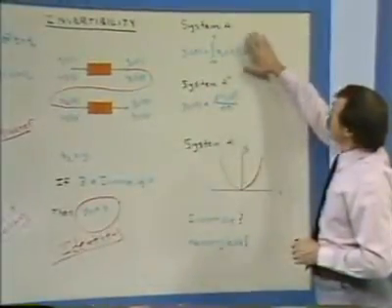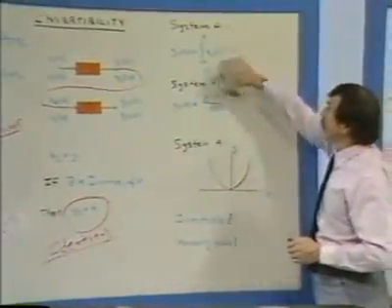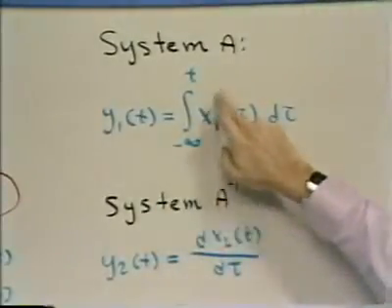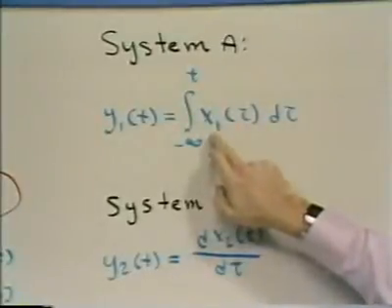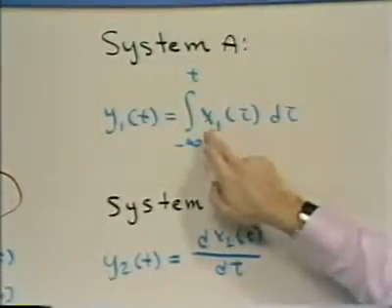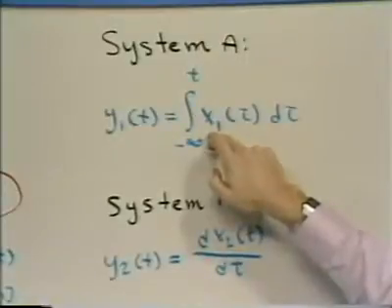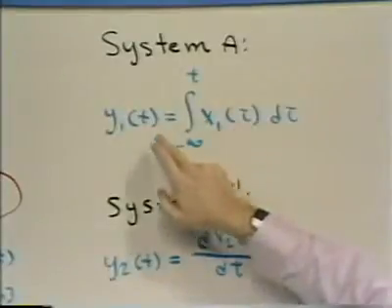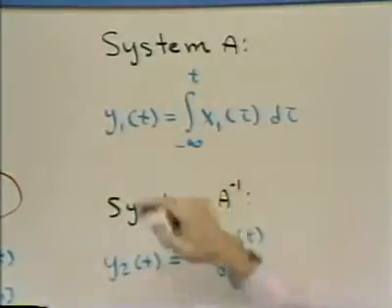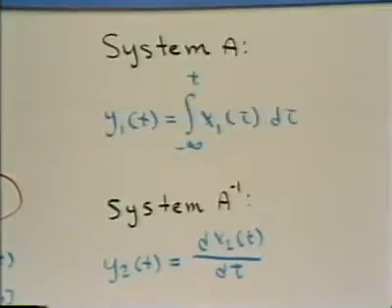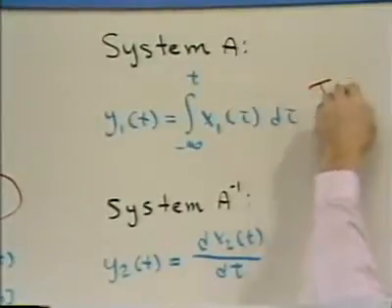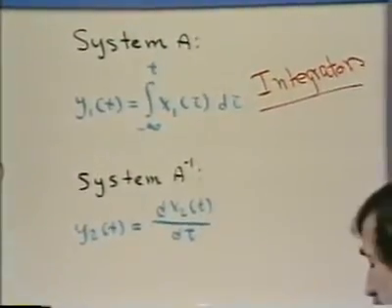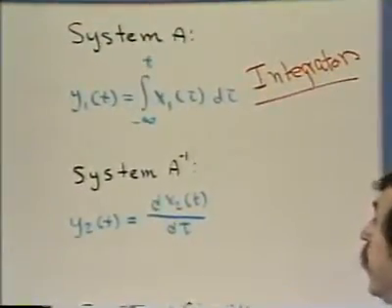If we had system A, as I've indicated here, where now the output is the running integral of the input. And remember that we saw the running integral when we talked about the relationship between steps and impulses. If this happened to be an impulse, then the output would be a step. This system is referred to, of course, as an integrator, since the output is the running integral of the input.